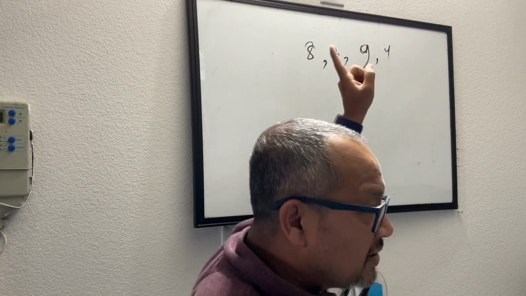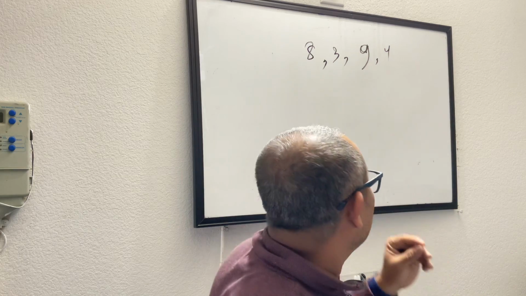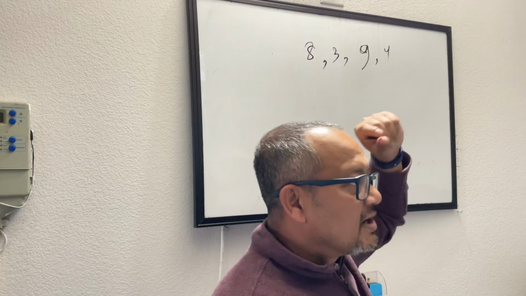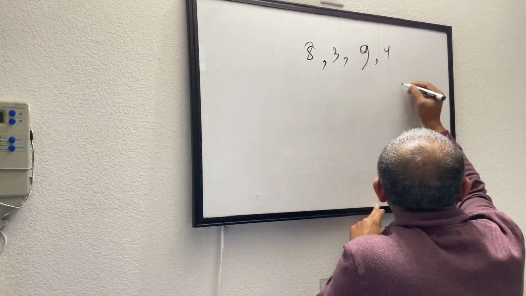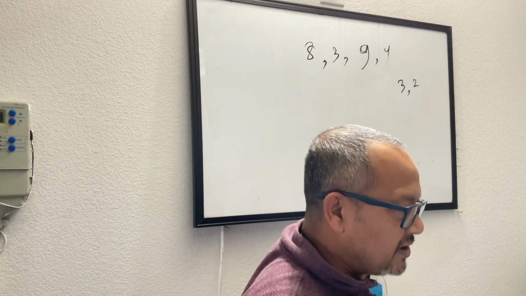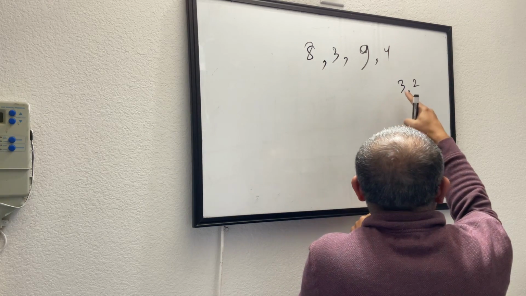When you are trying to find the LCM, your goal is to find the smallest number that can be divided by all these 4. Lowest common multiple, okay? I'll give an example. If I have 3 and 2 and I'm trying to find the LCM of these two, meaning the lowest number that is a multiple of both 3 and 2.